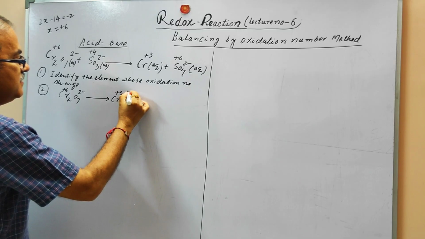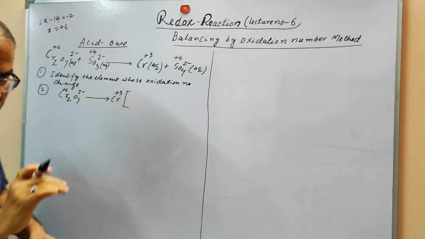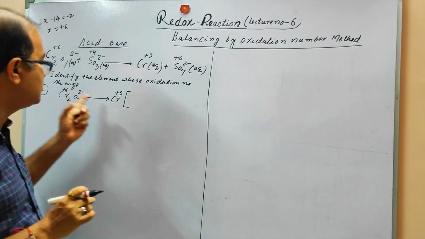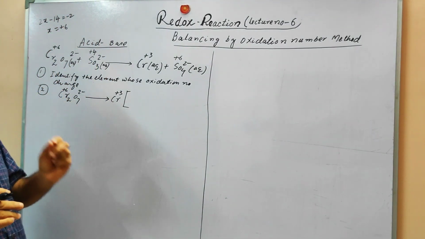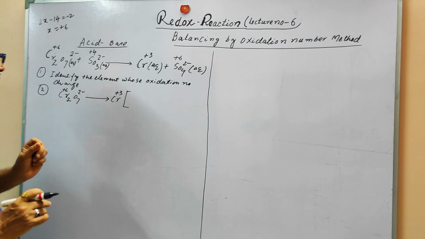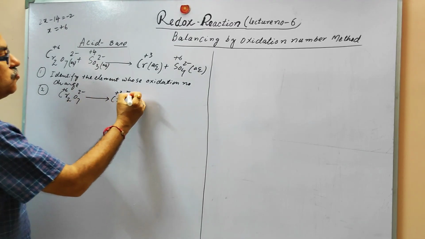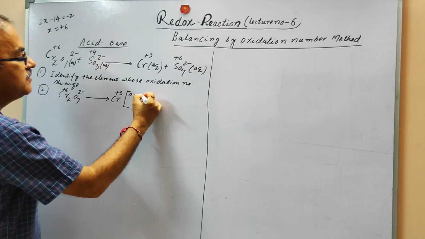This is when the oxidation number of the species is reduced. Here is a reduction, so it is the oxidizing agent. Oxidation number decreases means reduced, the oxidizing agent. So we can write it is an oxidizing agent, right?